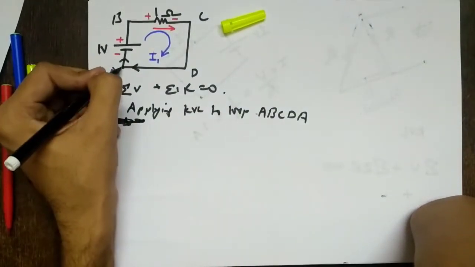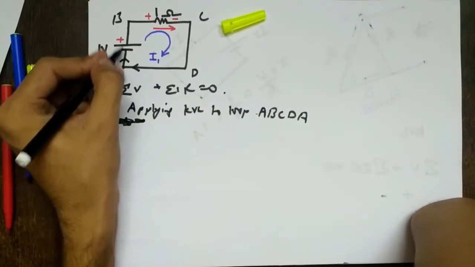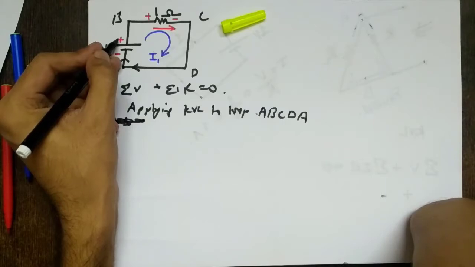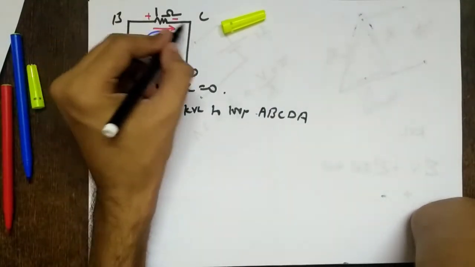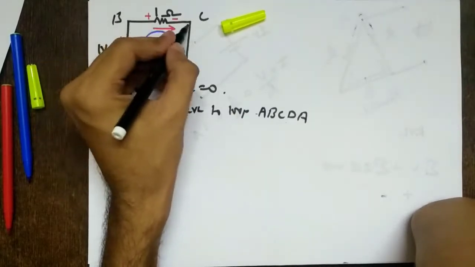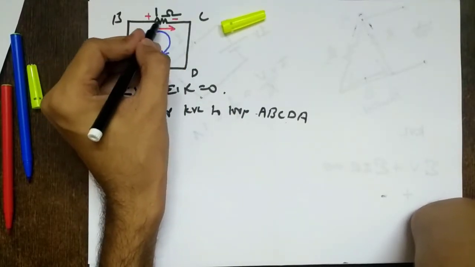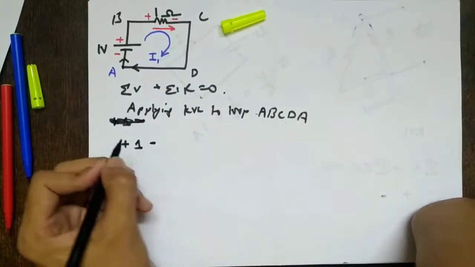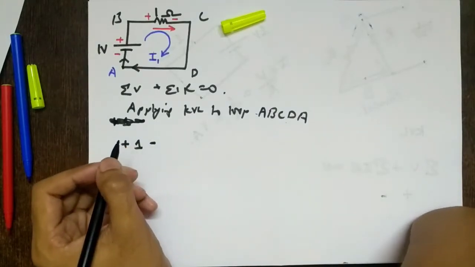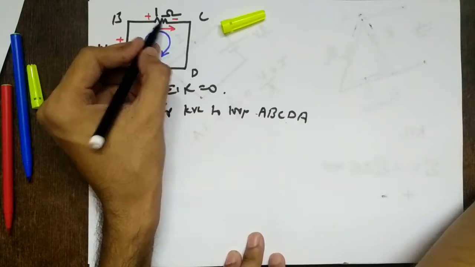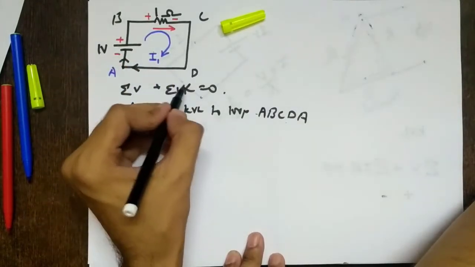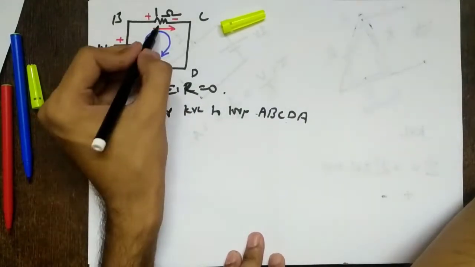So what do you encounter? From A to B, there is a voltage source and we are going from minus to plus, so there is a rise in potential. So plus 1. Next is B to C. We are going from plus to minus, so there is a fall in potential. A fall in potential is associated with a negative sign. Minus, this is a resistor, so we can't use V, we will use I into R. I is how much?